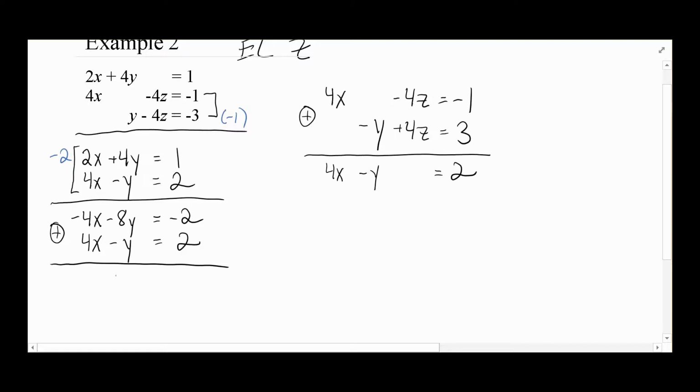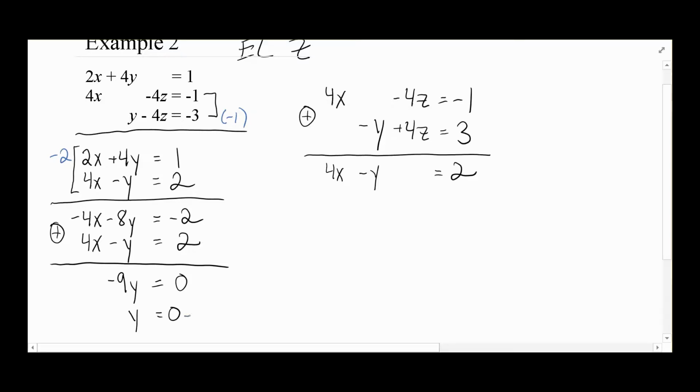-4x and 4x is 0. I'm going to get -9y equals, well, 0. So that's pretty nice. Y must be 0. Remember, we're going to keep on solving the two equation, two unknown system. So now I need to find x. Our two equation, two unknown system had x and y, and I already know what y is.